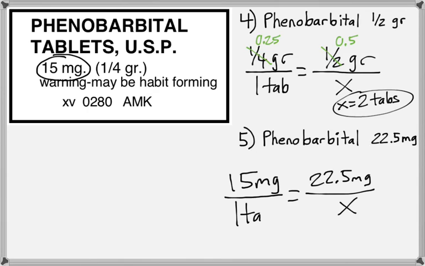And it's still over 1 tab. So 1 times 22.5 divided by 15, and we get 1.5 tabs.